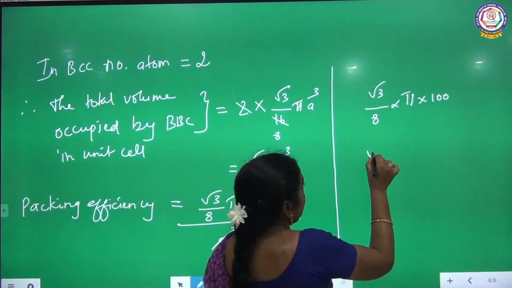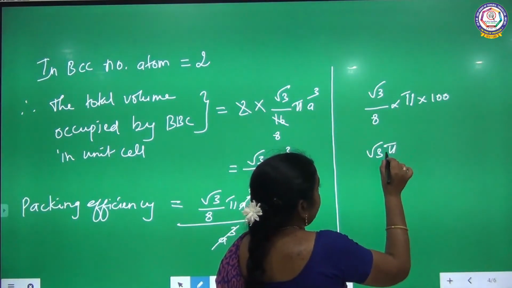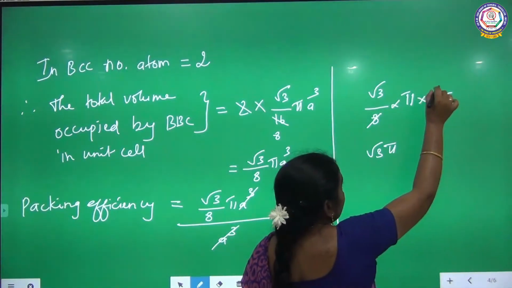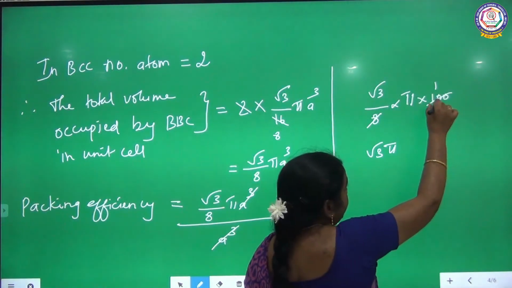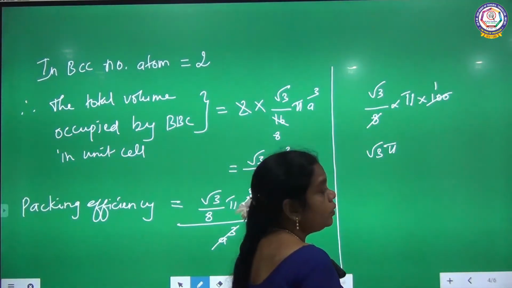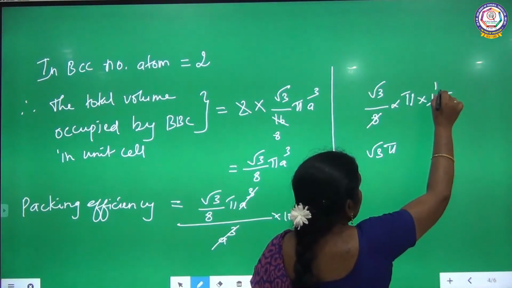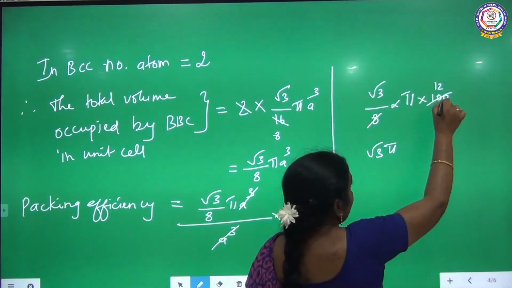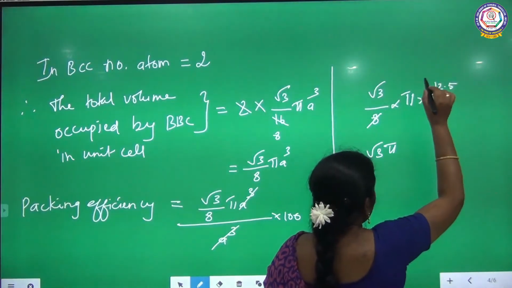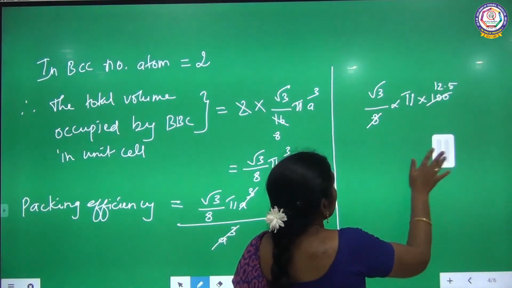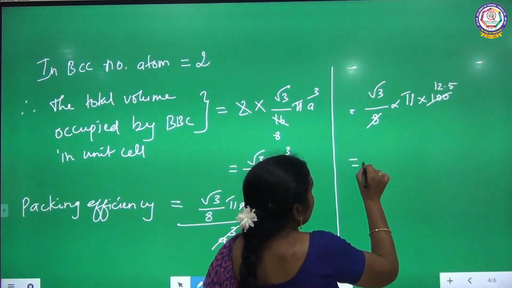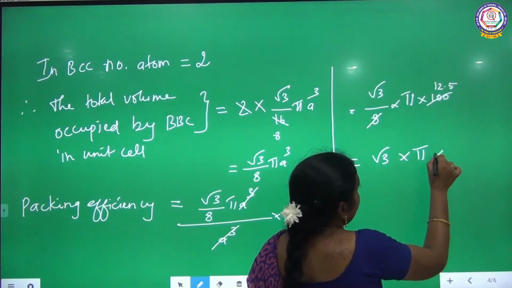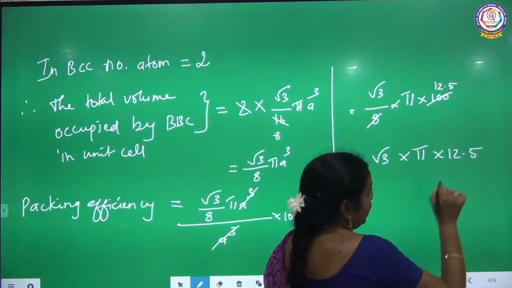So now root 3 pi, if you divide 100 by 8: 1 eight is 8, remainder 2. 2 eights are 16, remainder 4. So 12.5. Root 3 into pi into 12.5.